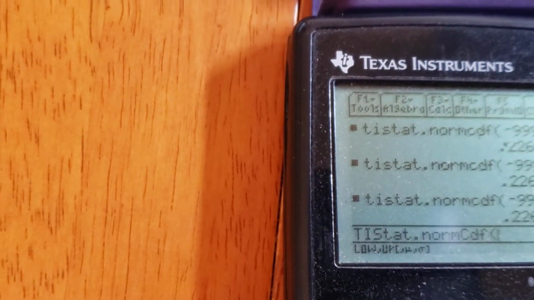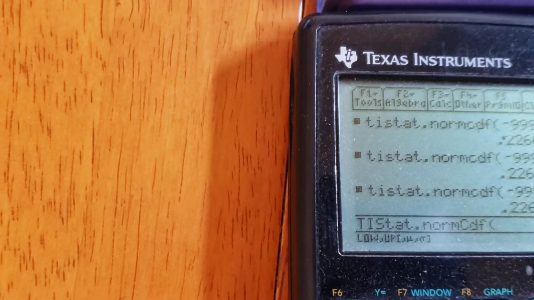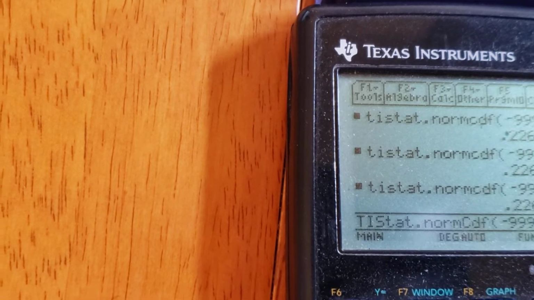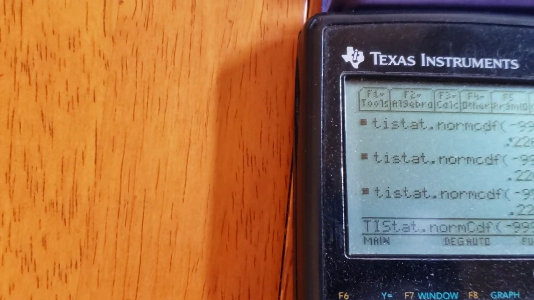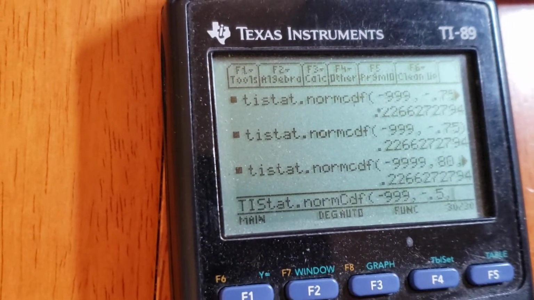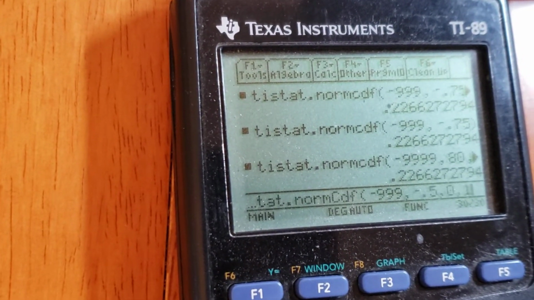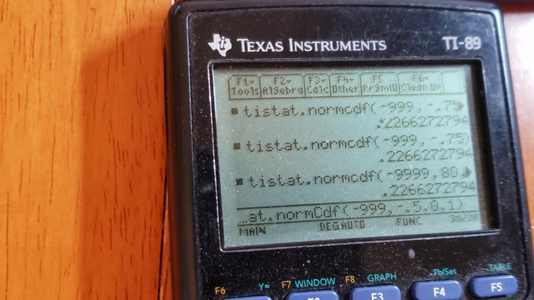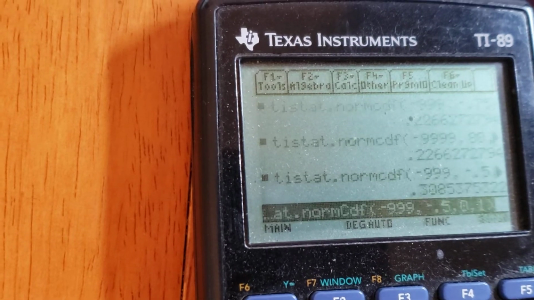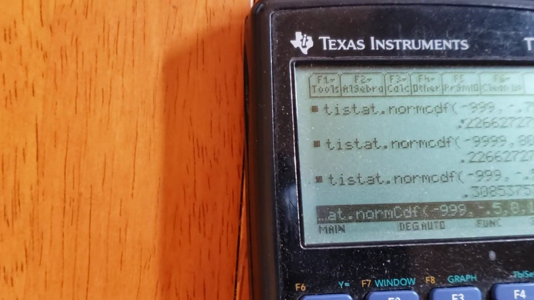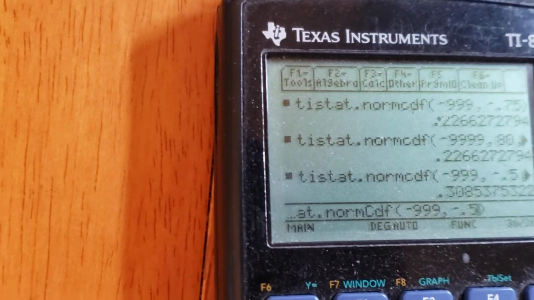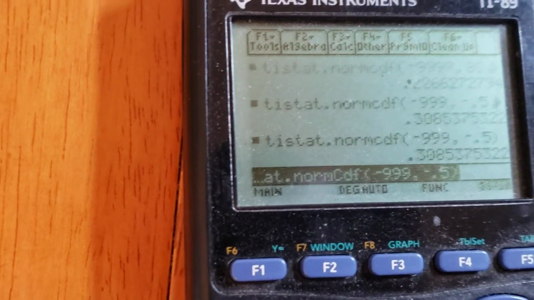I can come in there. -999, comma, -0.5, comma, 0, 1: low score, high score, mean, standard deviation, enter. There's our 0.3085. You can do this without the mean and standard deviation. It assumes it's 0 and 1.